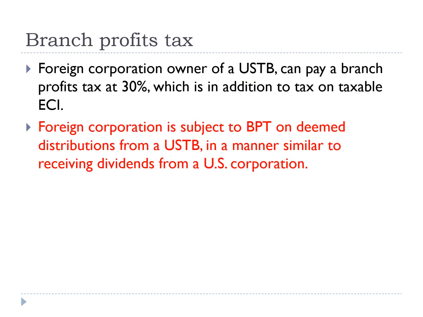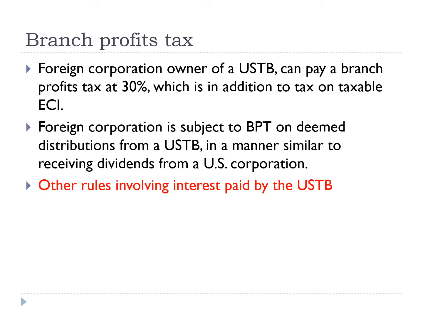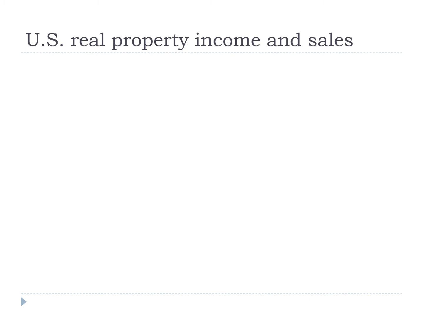A foreign corporation is subject to the branch profits tax, or BPT, on deemed distributions from a U.S. trade or business, in a manner similar to receiving dividends from a U.S. corporation. The BPT is the equivalent of a tax paid by a foreign corporation on a dividend received from a domestic corporation. Other branch level tax rules apply to interest paid by a U.S. trade or business. Special rules apply to the income from the rental of or gains from the sale of U.S. real property.